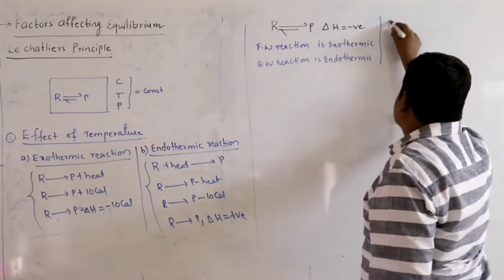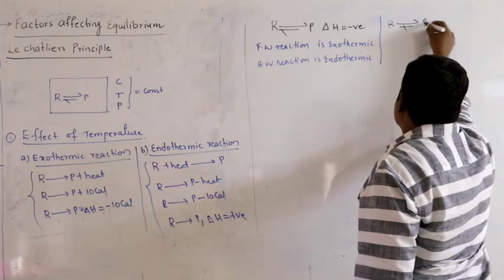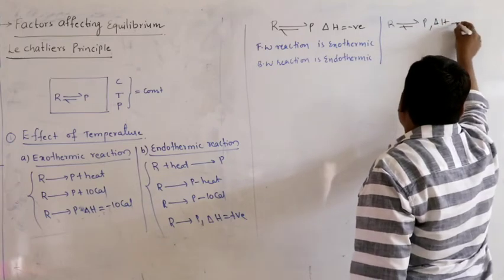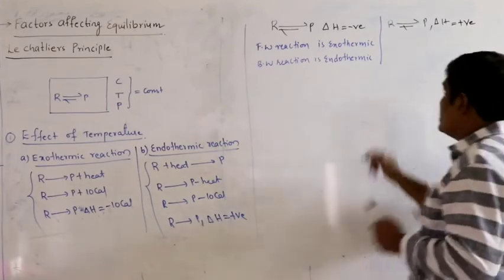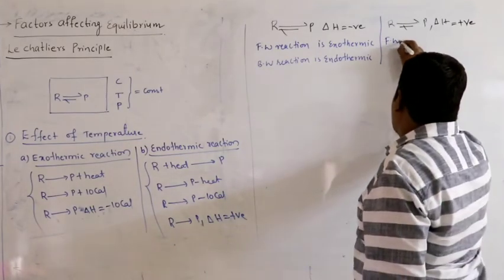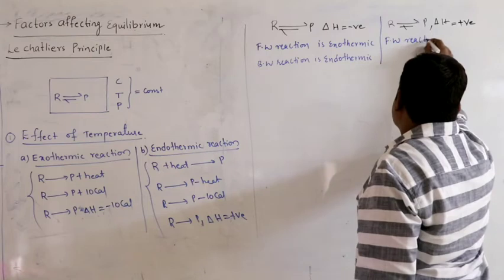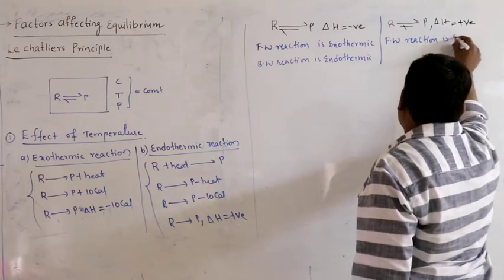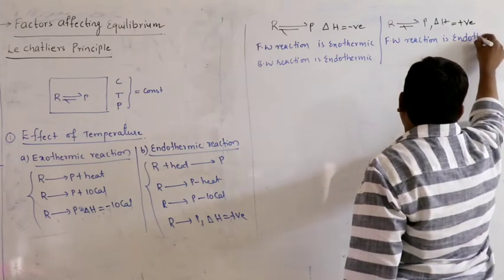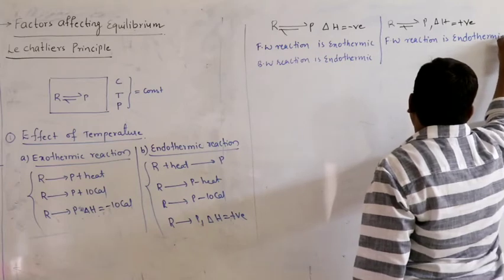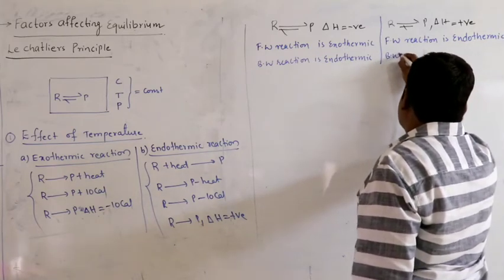Or if I write like this, R gives P, say delta H is positive. In this case, forward reaction is endothermic and backward reaction becomes exothermic.